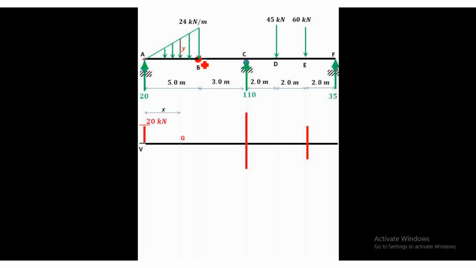So, to get the shear here, this is a triangle. Again, what is the area of a triangle? 1/2. My base here is 5 and the height of this triangle is 24. Now, this is equal to 1/2 times 5 times 24, which is 60.